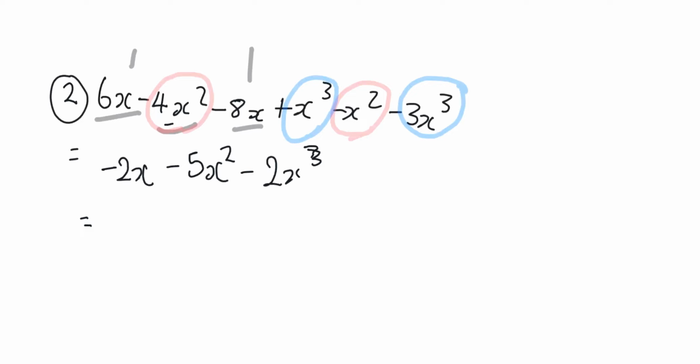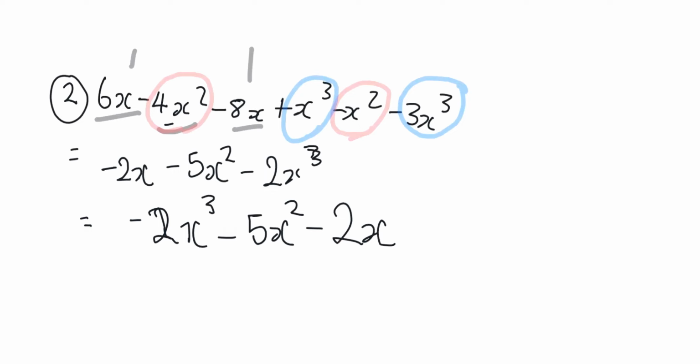So this is going to be negative 2x to the power of 3, subtract 5x squared, subtract 2x, and this is going to be your expression. So you would have solved this expression. Are we together? You would have grouped your like terms and solved this expression.